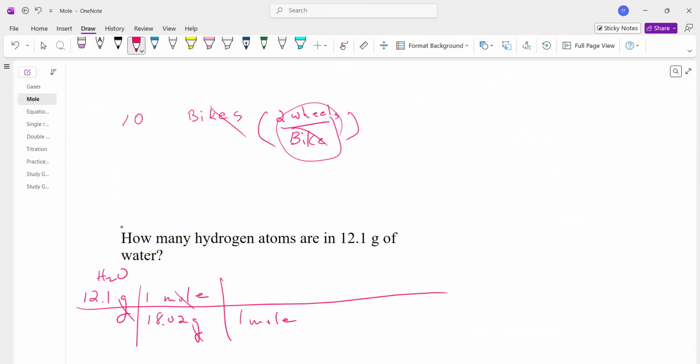That'll give us molecules. Okay. Now, I didn't ask you for molecules, I asked you for hydrogen atoms. This is going to give me bikes. What did I do to bikes to get wheels?